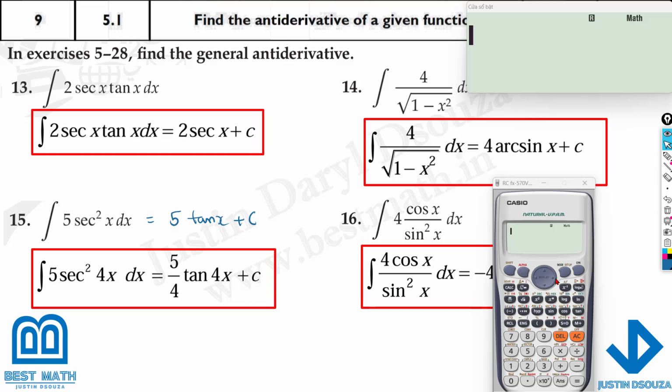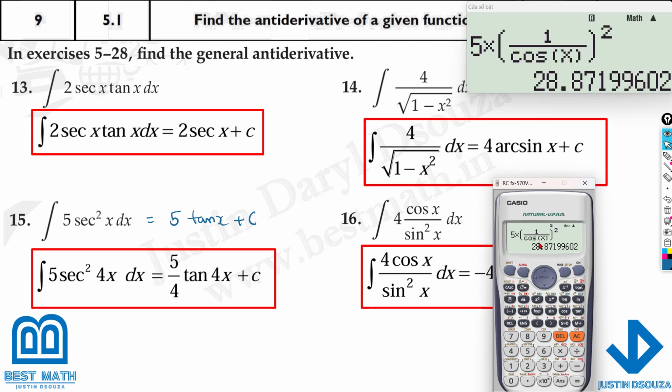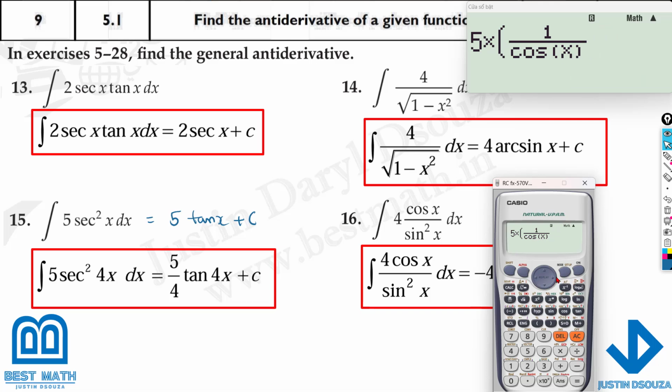So that is why now we will solve both of these. First one, you need to calculate the given question phi. How do you do square? Make sure you write phi multiplied by, open the bracket, fraction 1 by secant square is cosine x, close the bracket here, square it up, and now calculate it at 2. The answer is 28.87. Now, if you want to avoid all these brackets, you can write it like this as well.